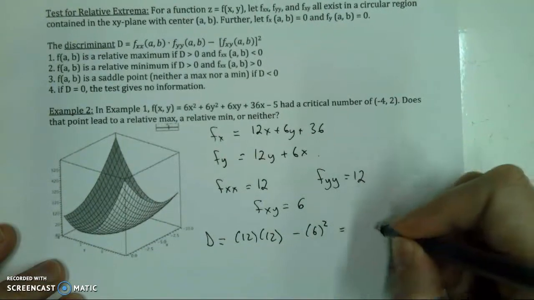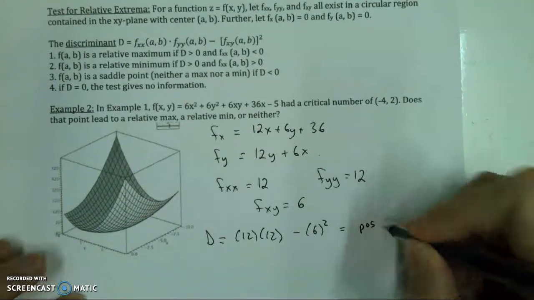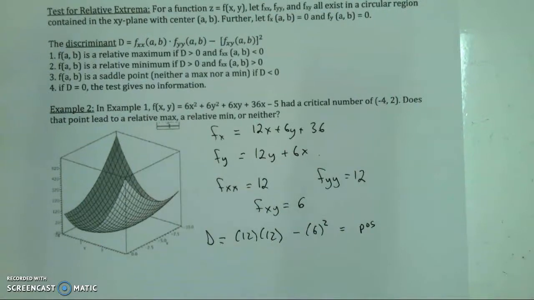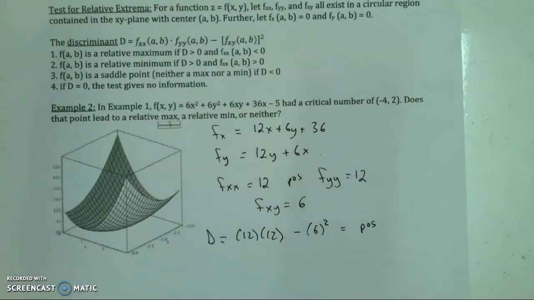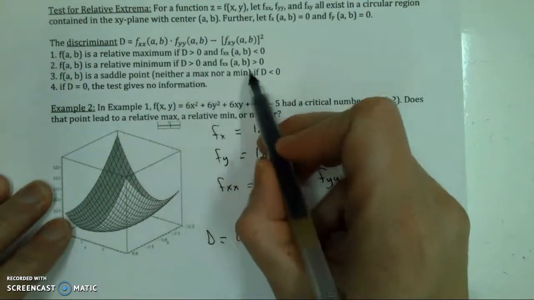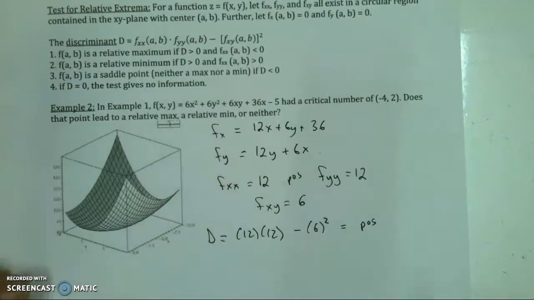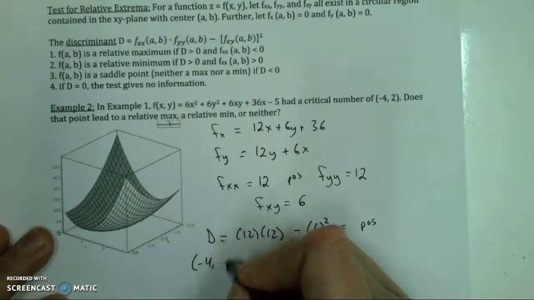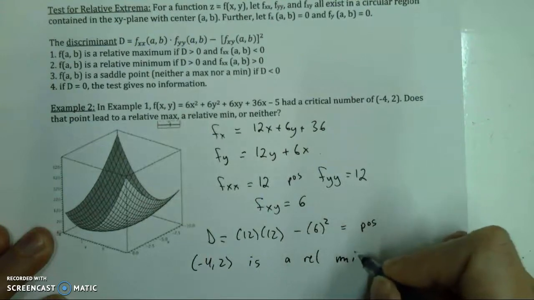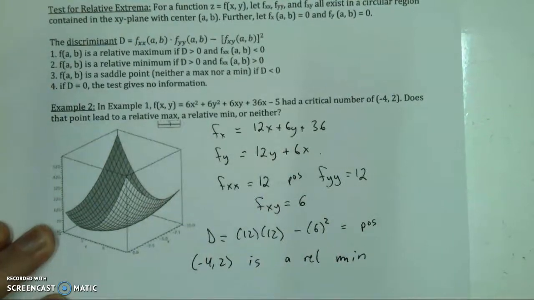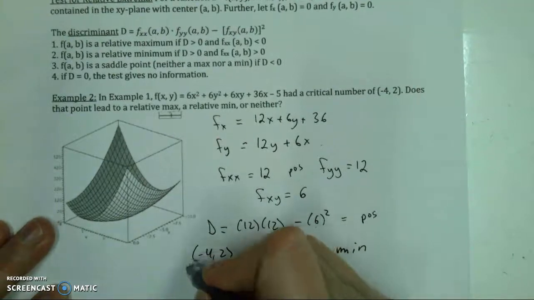And here, as I plug that through, I'm not going to bother doing all the number crunching. That is a positive. And just to be thorough here, fxx is also positive. So since D is positive and fxx is positive, I can say that negative 4, 2 is a relative min. I'm just going to write rel min for short there, since I'm lazy.